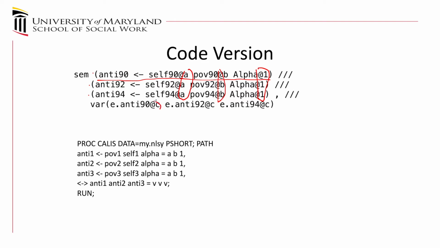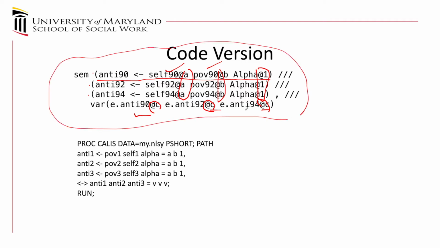And then I promised you the error term is constrained to be the same, and that's C. So self is constrained at A, poverty at B, and then the error term at C. And this is what you would type in Stata to estimate this model. In SAS, you would use proc calis, and this is what it looks like.